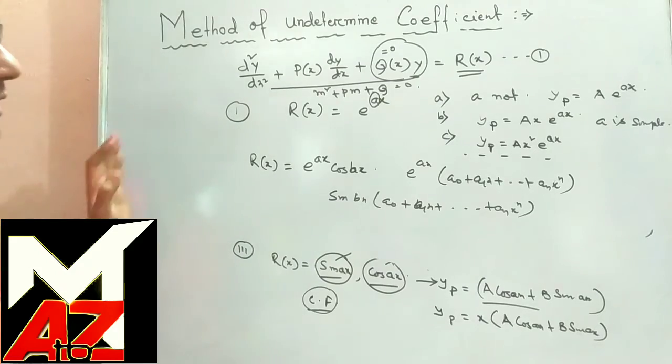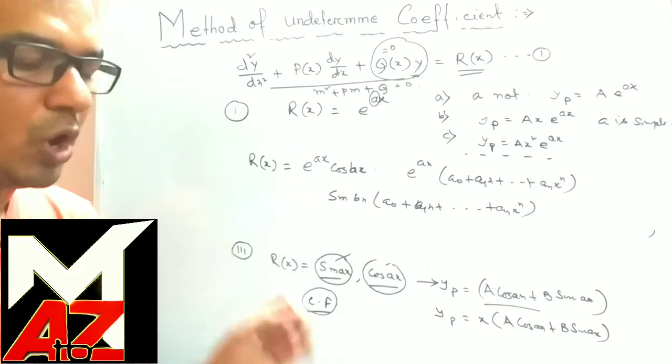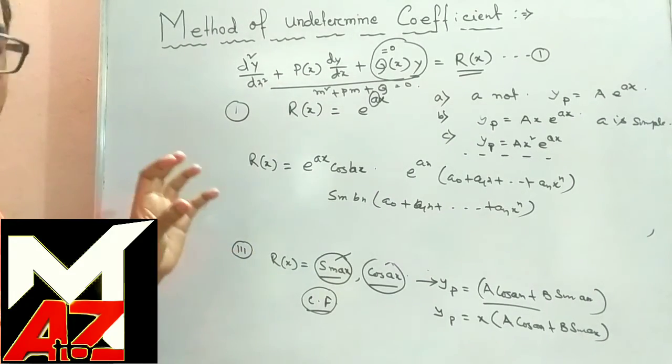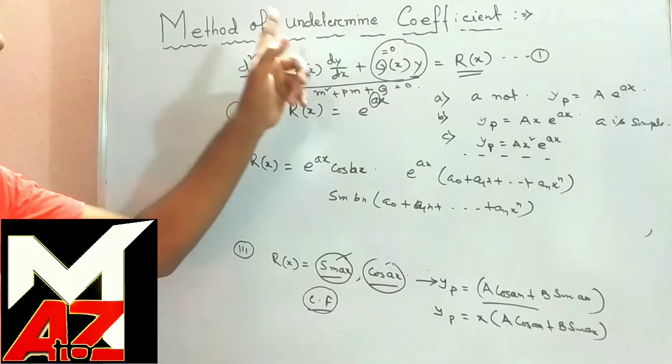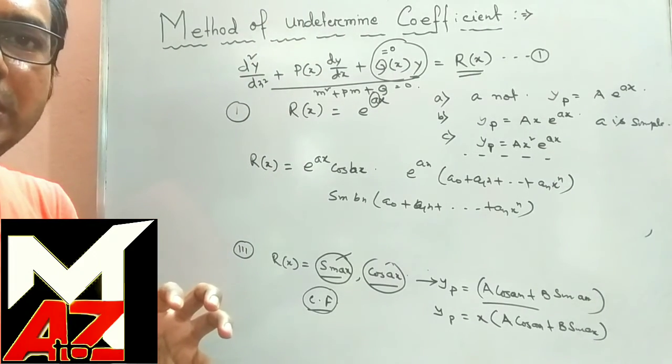Okay. Now these are the working rules of the method of undetermined coefficients.